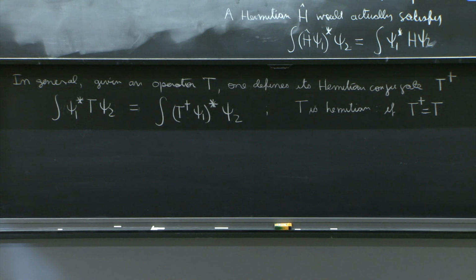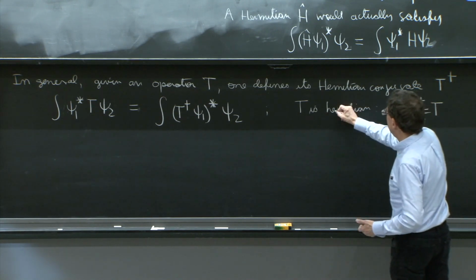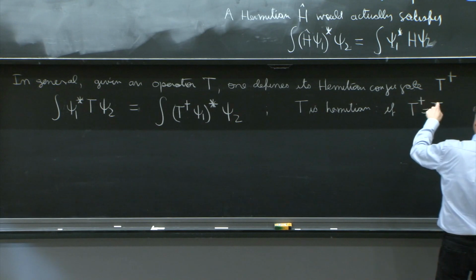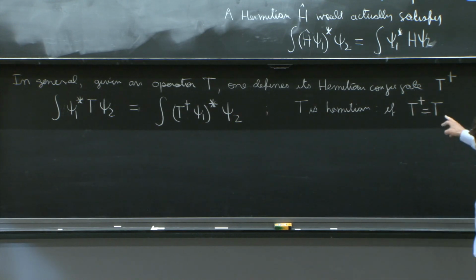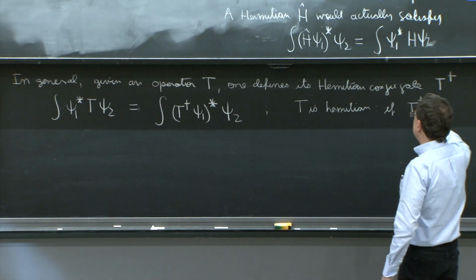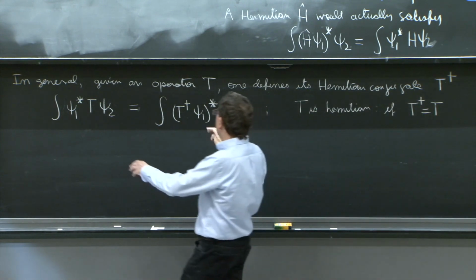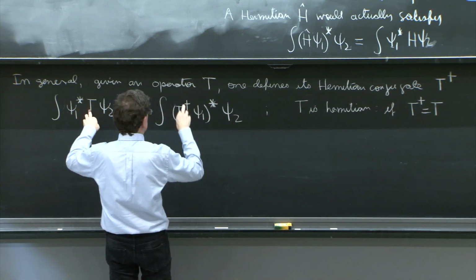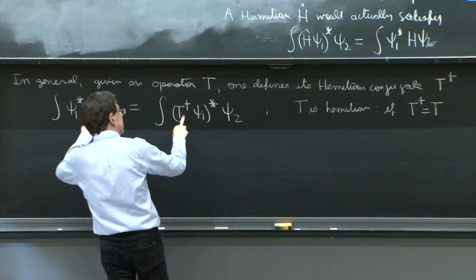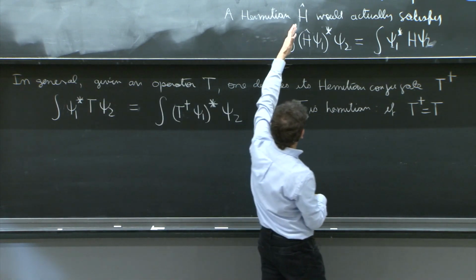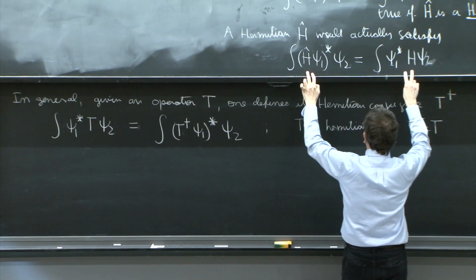It's almost like people say a real number is a number whose complex conjugate is equal to itself. So a Hermitian operator is one whose Hermitian conjugate is equal to itself. And you see, if T is Hermitian, well, then it's back to T and T in both places, which is what we've been saying here. This is a Hermitian operator.